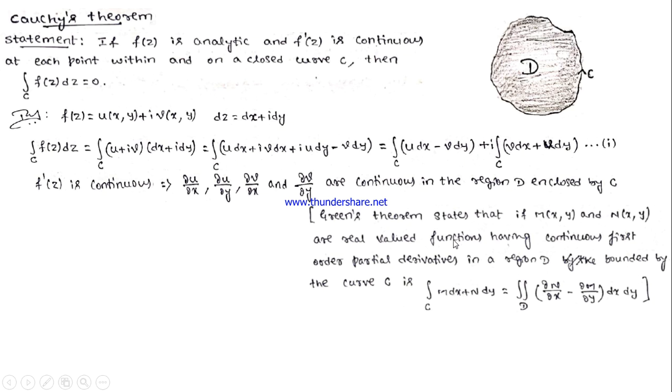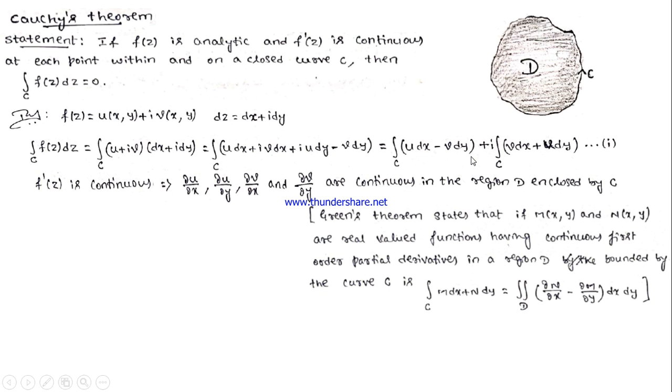If M and N are real valued functions having continuous first order partial derivatives in the region D enclosed by C, then the integration over M dx plus N dy is equal to this. Here you can note that u and v in both the integrals satisfy these conditions. As a result, I can employ this result for this one.